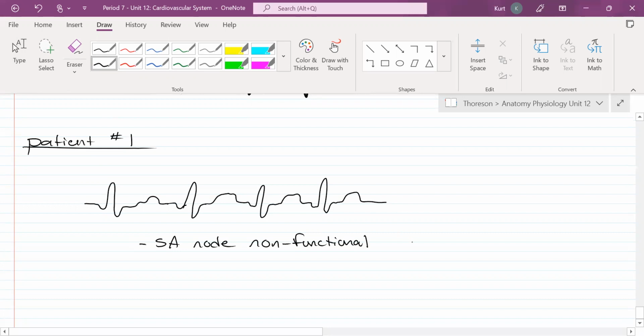It could be a birth defect. It barely opens from the AV valves. Barely. So the P wave is missing.